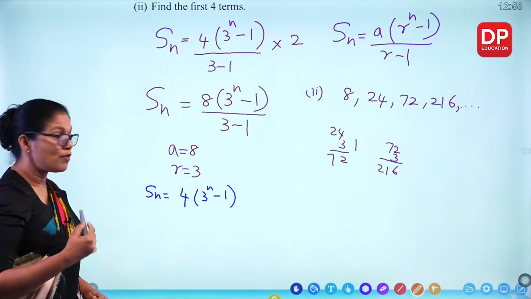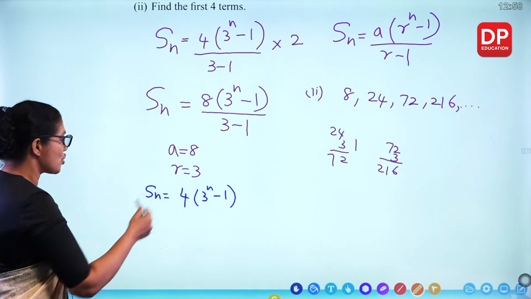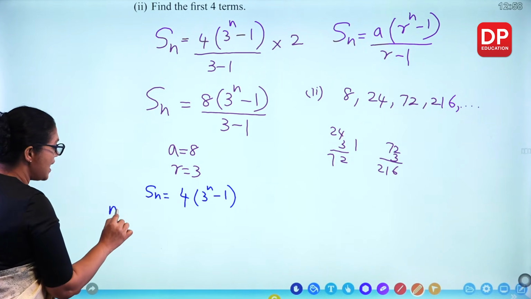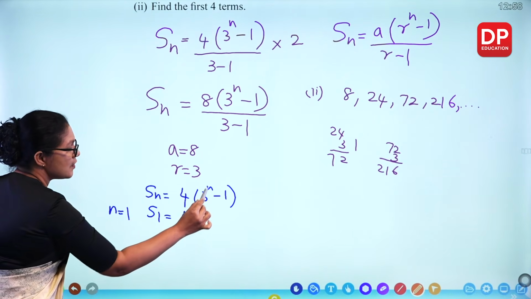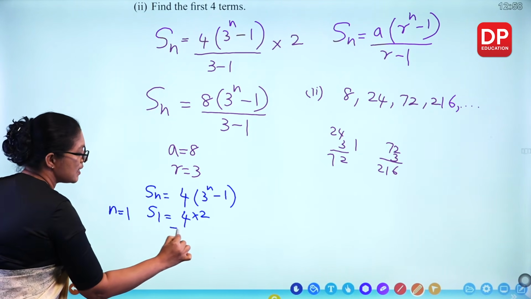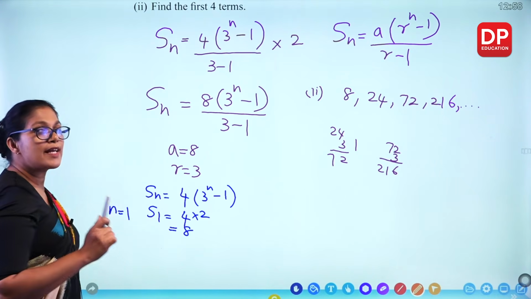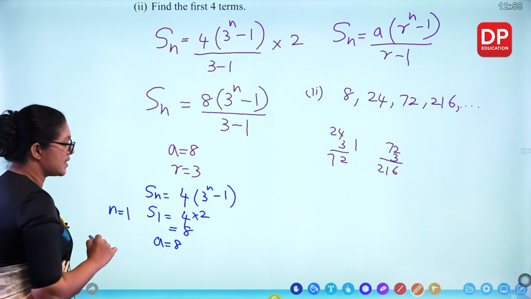Now we need to find the terms and see whether it's a geometric progression. So when n equals 1, what do you get? 3 to the power 1 is 3, 3 minus 1, 2. So you get 8. That means S1, the first term, is 8.